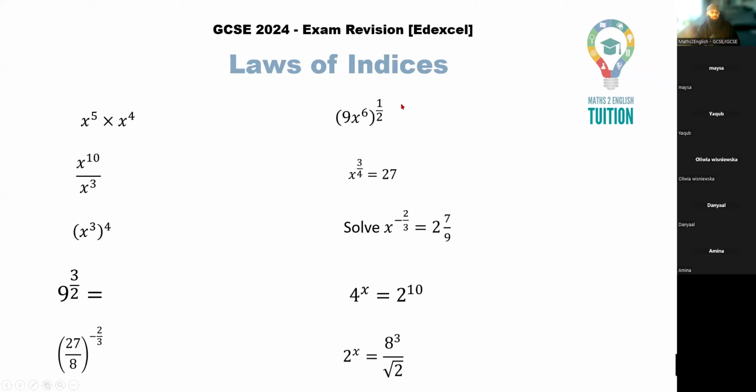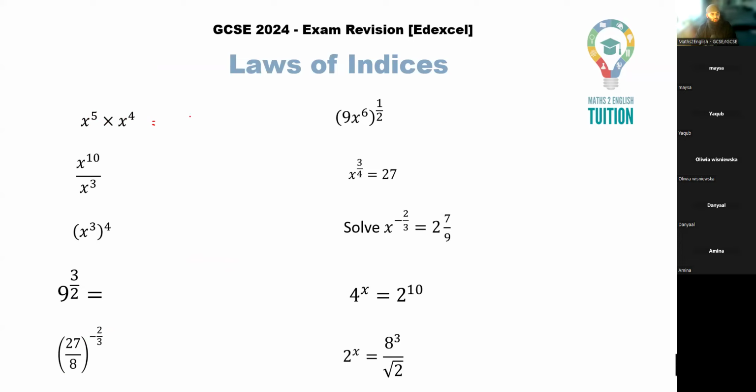Next question, we're going to talk about laws of indices. The way I've structured these questions is from the easiest to the hardest. Whenever we multiply two powers, we add the indices.